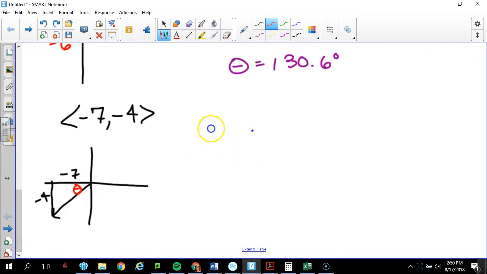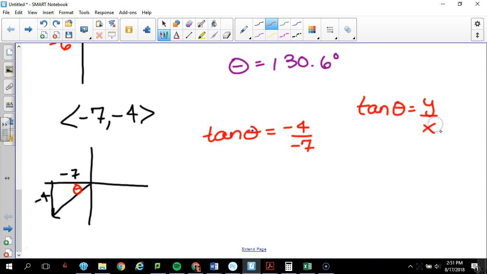And so what I've got here is tangent theta equals negative 4 over negative 7. If you haven't noticed, each time you're doing this, it's always going to be your y over your x. Every single time. Tangent theta equals y over x. Here's my y, here's my x.